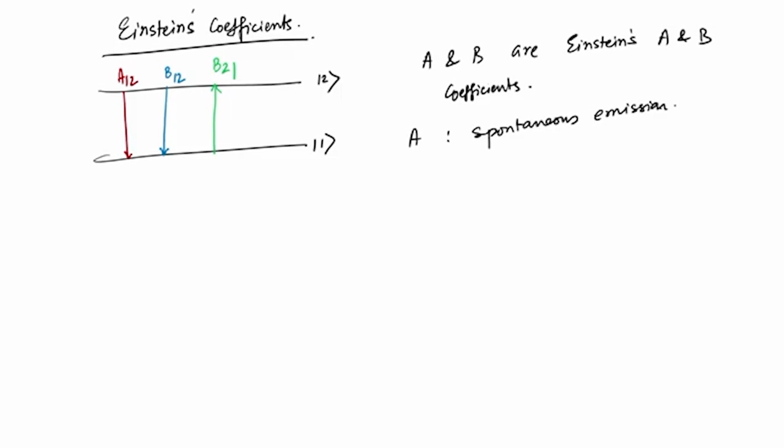When you write it like this, it actually means A12: the target state or the final state is written first and the initial state is written later. Okay. And the B coefficients are induced emission or absorption.